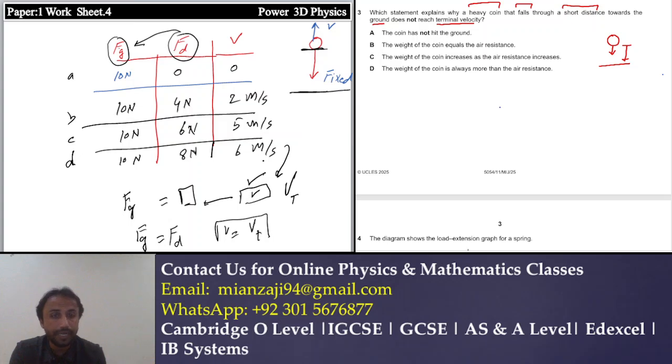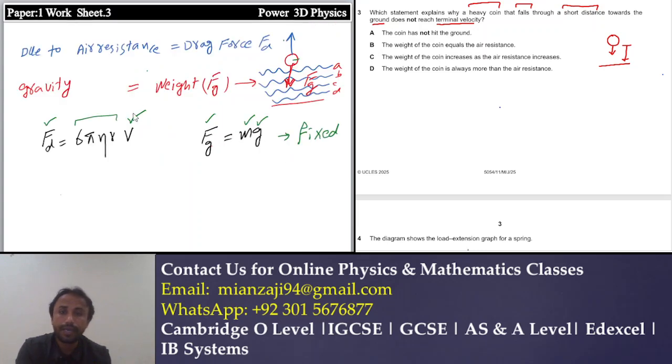It means we need a particular velocity at which this drag force becomes equal to weight. Here is the point to be discussed. If the drag force equals the weight force, if this one equals this one, then the velocity is known as terminal velocity.